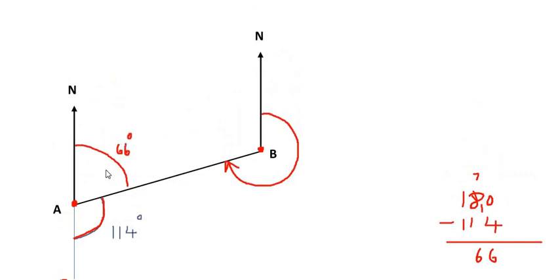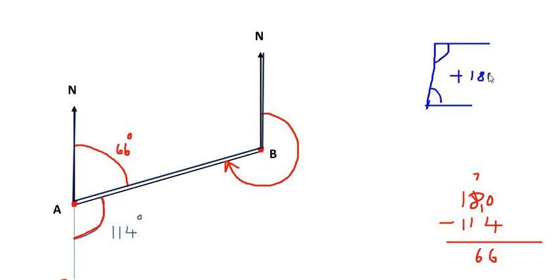Now, once I get this angle 66, we can see that this NAB and N represents a corresponding angle. Corresponding angles are in the form of C or in the form of F, where the internal angles add up to 180 degrees. So the addition of these two internal angles is 180 degrees.